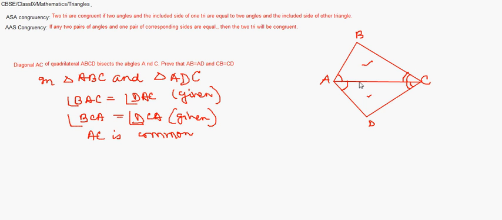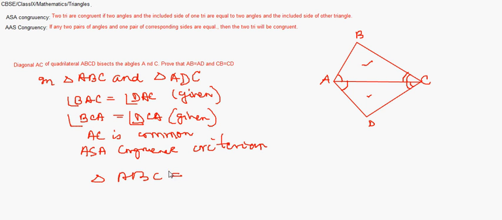This is the side included between the two equal angles, thereby we are applying the ASA congruency condition, making triangle ABC congruent to triangle ADC.